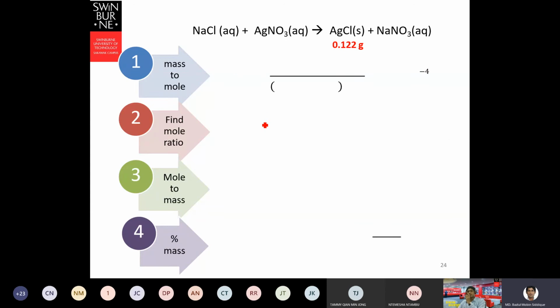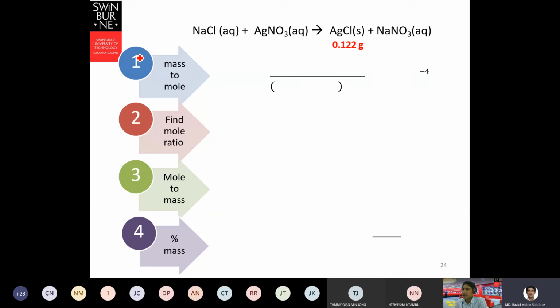First of all, we have to go from mass to moles. You already have the slides, but can you guess the pathway? How do we find the number of moles or mass of the sodium chloride?